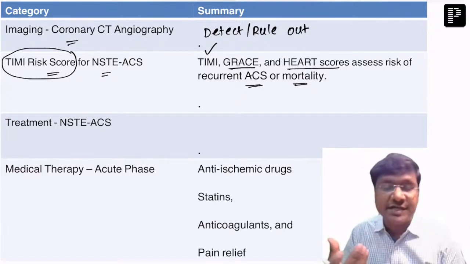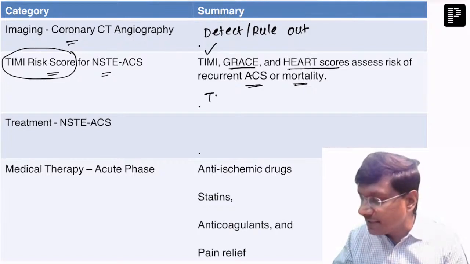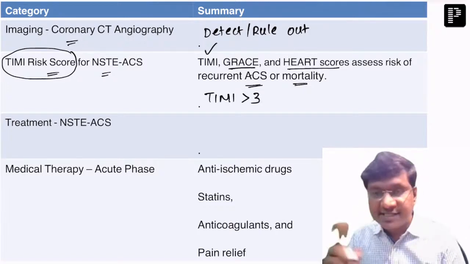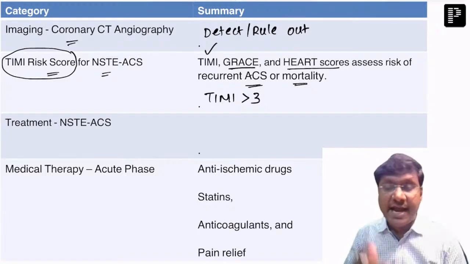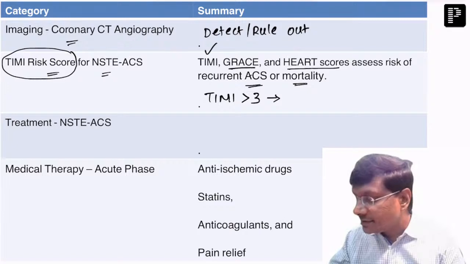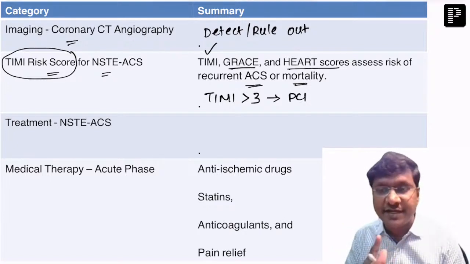And when will you consider that the individual has high risk? If the TIMI score is more than 3, this indicates high risk. These patients with a TIMI score of more than 3 require PCI. That is, an invasive strategy is required if the TIMI score is more than 3. And this is a very important question for the examiners, right?